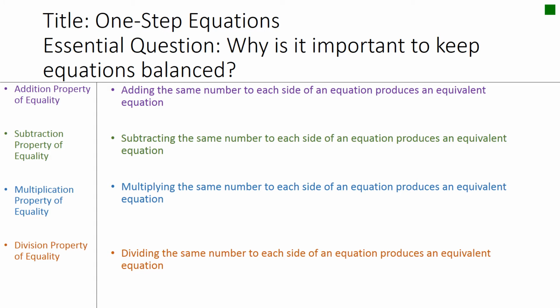All right. So you should be titling and writing down your essential question. For this first section, we have 4 main ideas that we are going over: the addition property of equality, the subtraction property of equality, the multiplication property of equality, and the division property of equality.